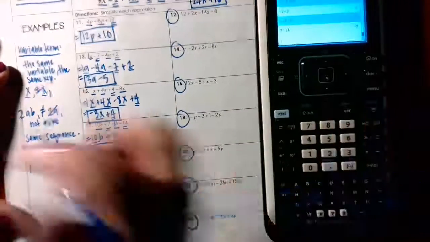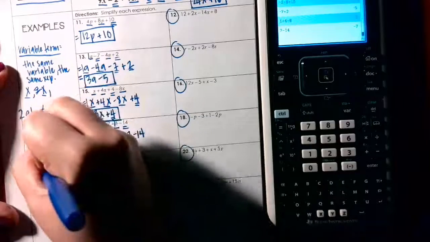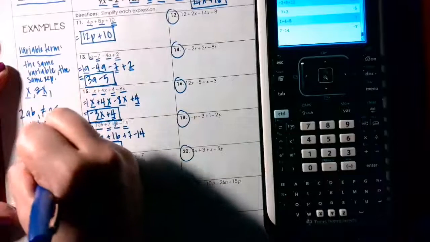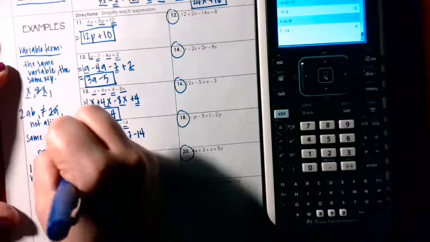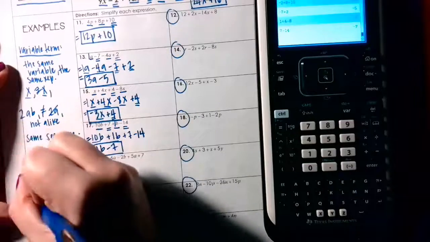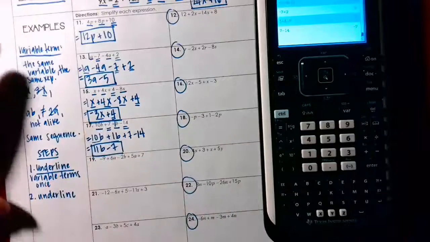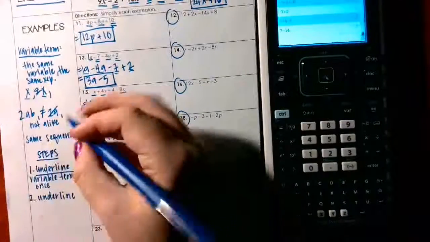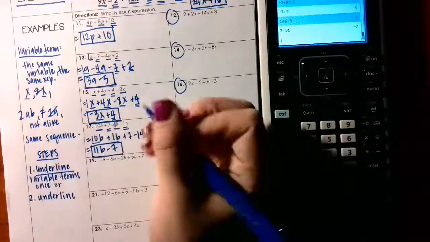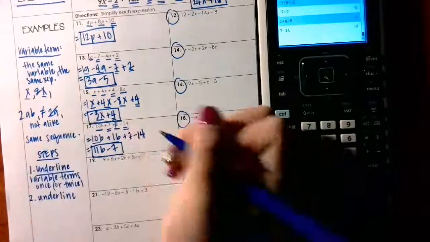So steps to solve. The first thing you're going to do is underline variable terms once. Then underline constant terms, and we'll talk about what or twice means in a second.